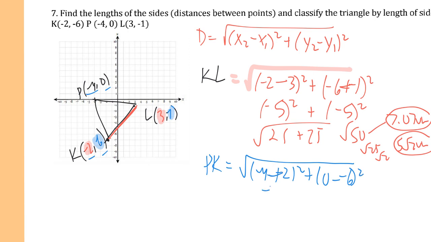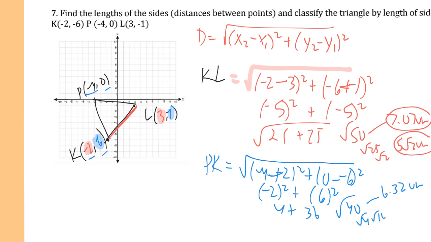This will make -2 squared, this will make 6 squared. That's 4 plus 36. The square root of 40 is about 6.32. And the breakdown of that is 4 times 10, or 2 square root of 10 units. Okay, so that's the distance from P to K. Well, it's obviously not equilateral.